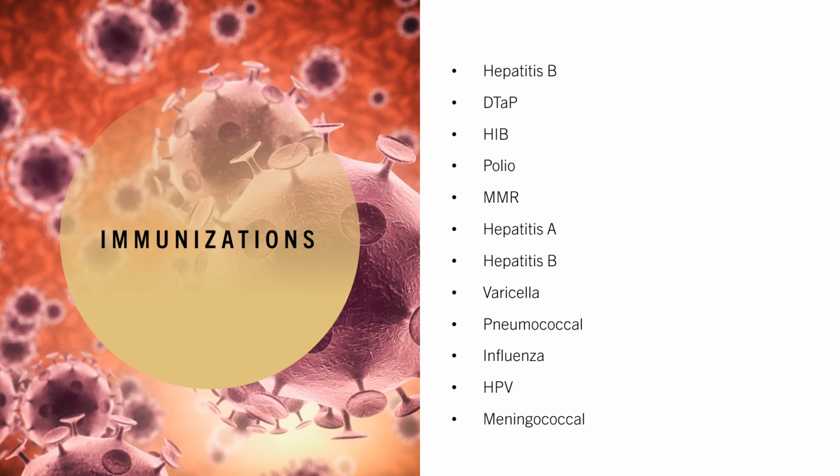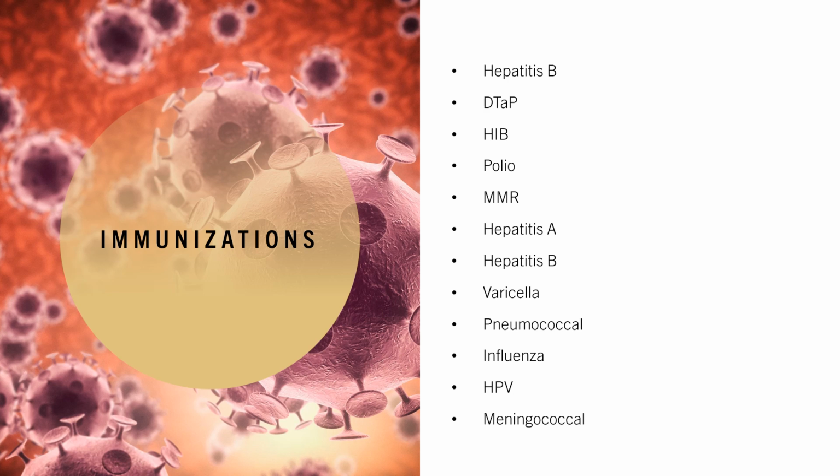The vaccine is a conjugate, and it has 13 different strains of pneumococcal Streptococcus pneumoniae in it. So there's multiple different strains.